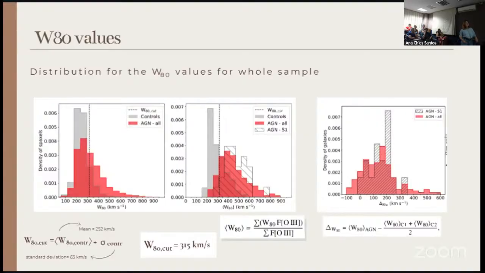So here we define one value, W80 cut, which is the mean of the distribution of the controls plus the standard deviation of the distribution of the control galaxies. And we find a value of 315 kilometers per second. So you assume that the region that has W80 values higher than this value is disturbed by the AGN.